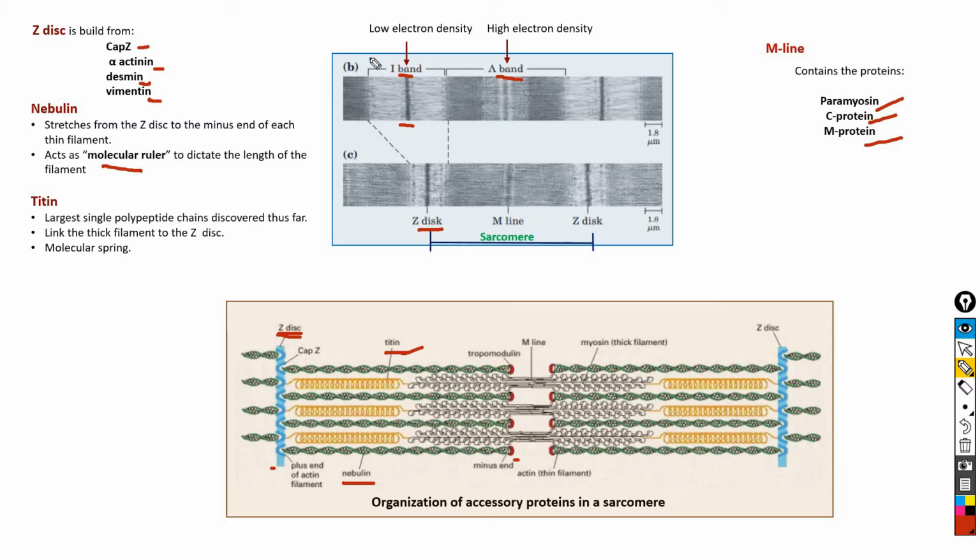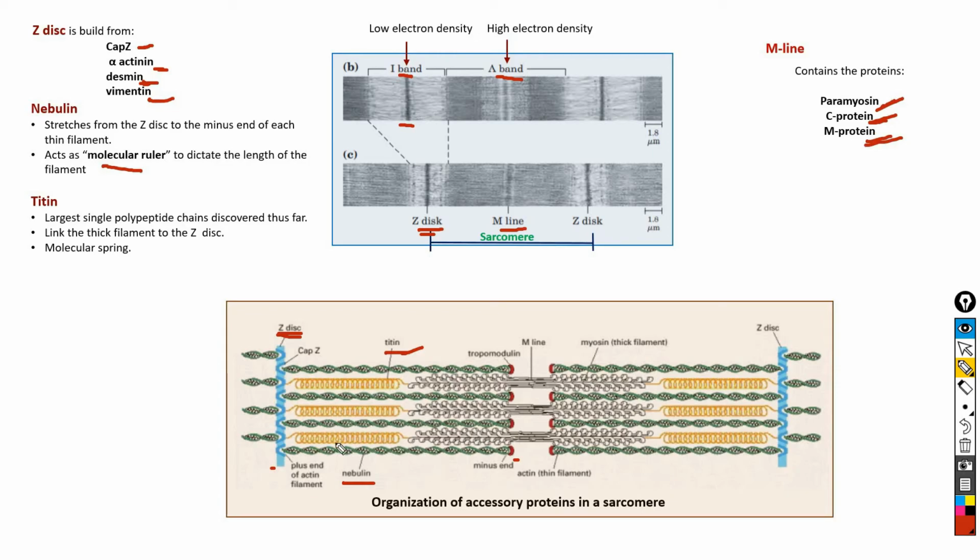So in conclusion, the I band is bisected by the Z disc, whereas the A band is bisected by the M line. The Z disc is built from CapZ, alpha-actinin, desmin and vimentin, whereas the M line contains the proteins paramyosin, C protein and M protein.